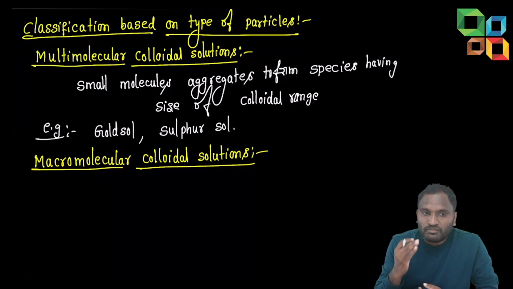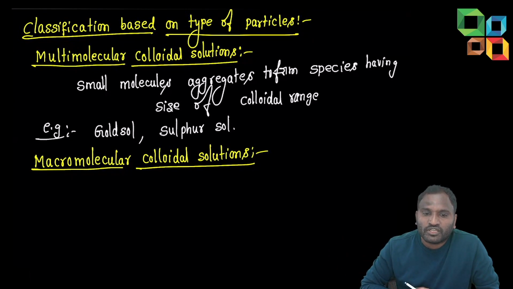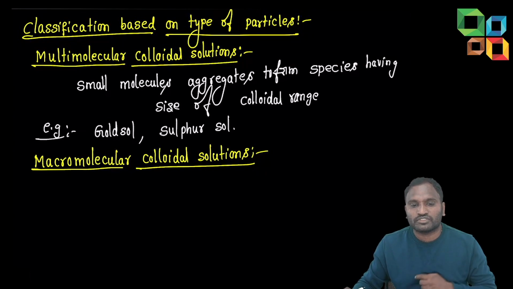These polymers, if the particle size is big enough like colloidal particles, then those solutions are called macromolecular colloidal solutions. These macromolecule sizes are in the range of colloidal particles only.